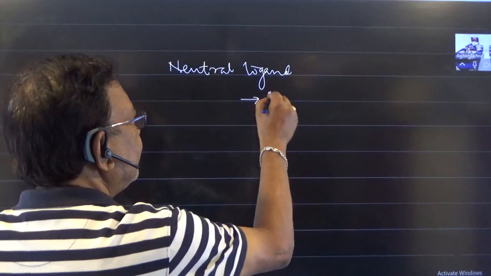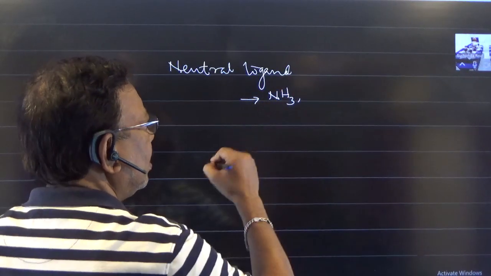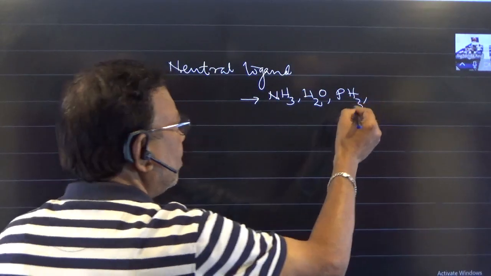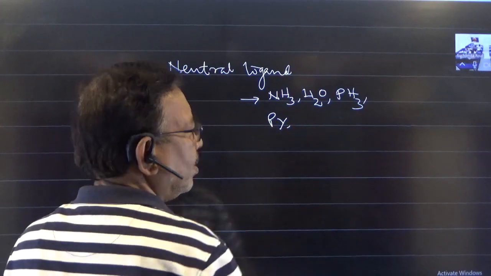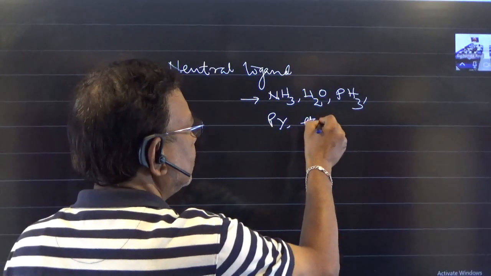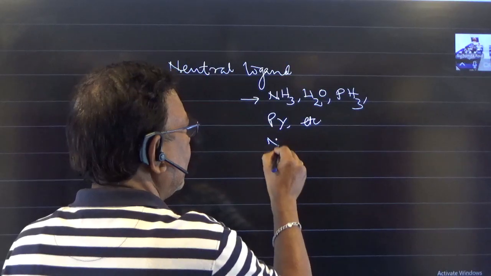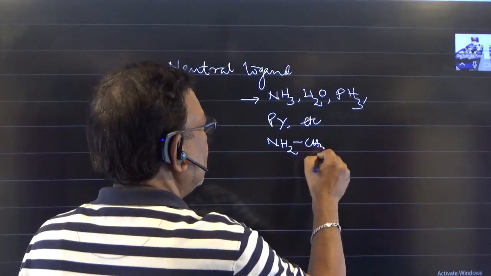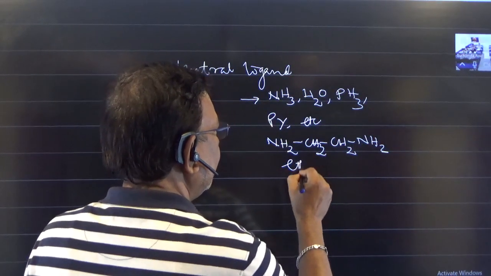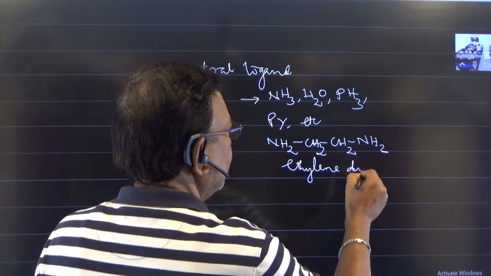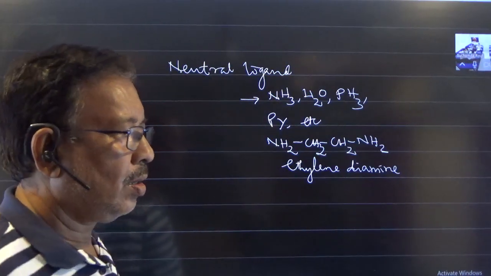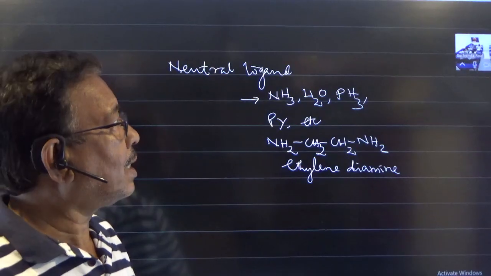Neutral ligand: ammonia, water, PH3, pyridine, and one more, NH2CH2CH2NH2, the name is ethylene diamine. All are neutral ligands, etc. There are so many.